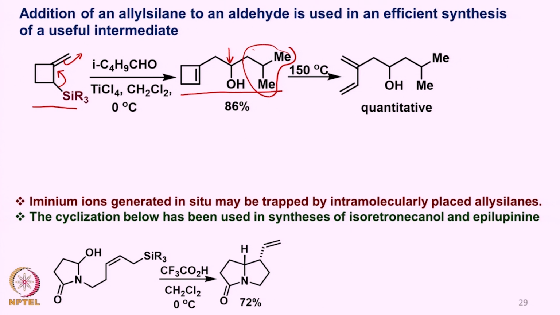Now if we heat this particular substrate, then of course this 4-membered ring opens up to form this diene of this kind, and this diene is a useful diene for various kinds of Diels-Alder reactions.